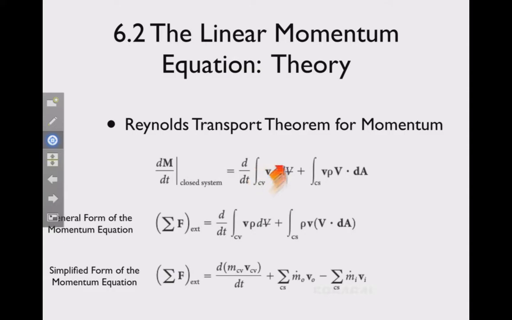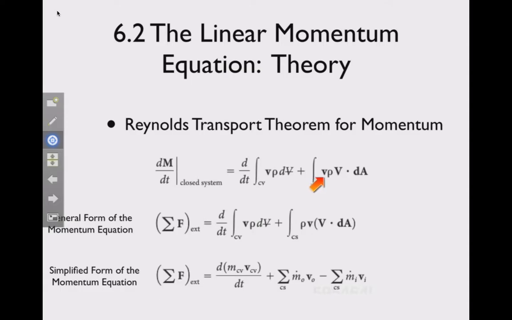This is going to be our momentum accumulation, basically, in the control volume. And over here we have, again, the control surface, the rate of momentum flow through a control surface. So now, instead of just having a 1 here and just having rho v dA, we actually have an extra velocity multiplying here.